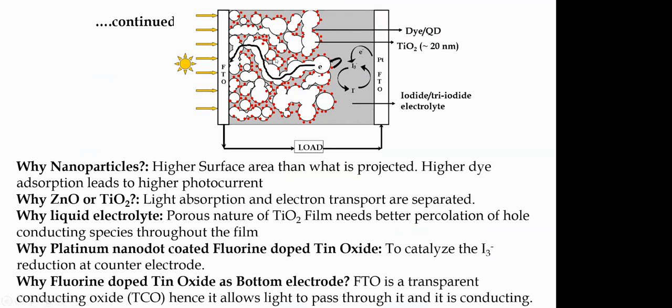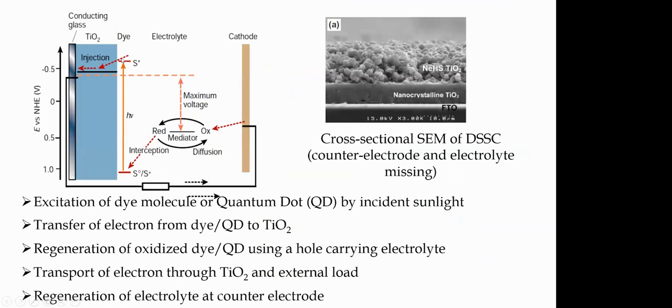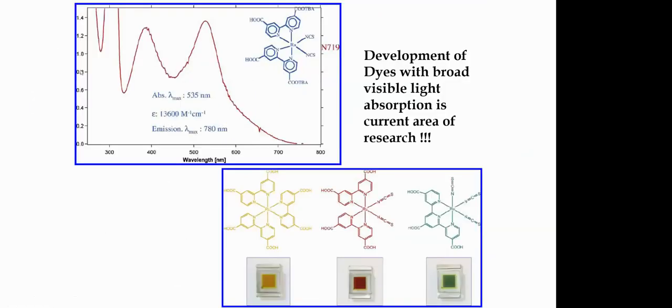So here you need to take care of an efficient combination of wide bandgap semiconductor and dye molecule to satisfy these electronic conditions, so that the sooner your dye molecule is in an excited state or a photogenerated electron is available, it is immediately transported to the TiO2, so that it comes out to the rest of the circuit.